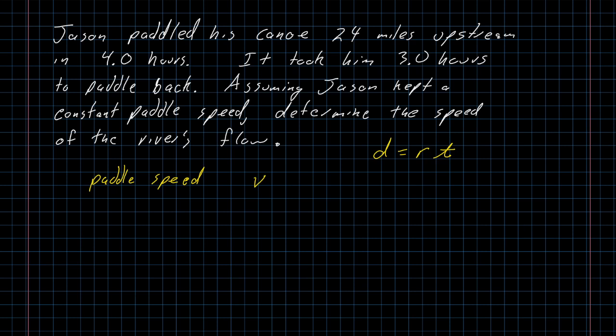All right, if we call the paddle's speed v, right, v is a common variable for speed because really we think about it as velocity. And then let's call the river flow u, because it's a letter next to v.